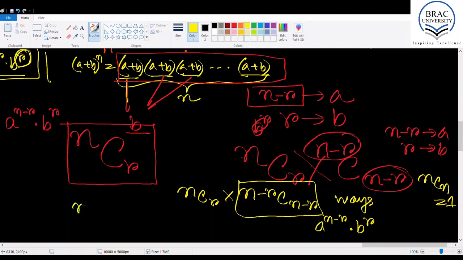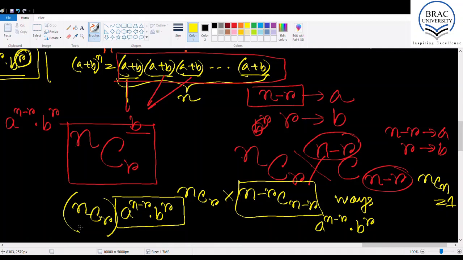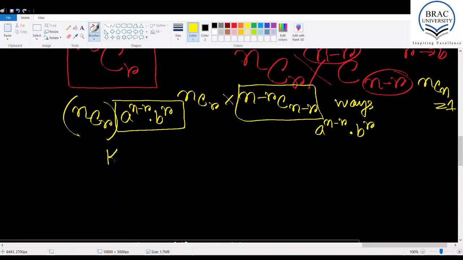So there will be total nCr ways to get a to the power n minus r into b to the power r. So a to the power n minus r into b to the power r will appear this many times. So the coefficient ki of a to the power n minus r b to the power r refers to the total number of times that this term appears.